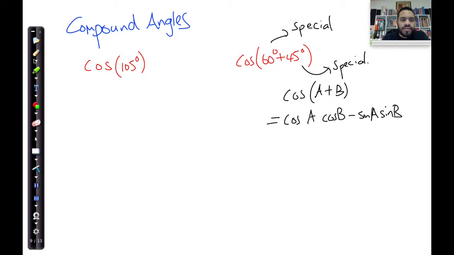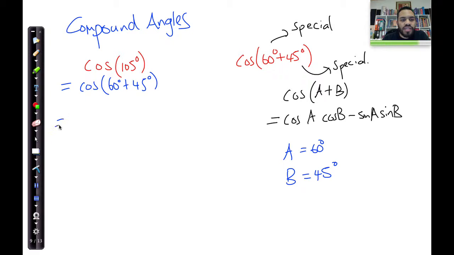Okay, so now let's use that identity and apply it to this. In this case, my A is going to be 60 degrees, and my B is going to be 45 degrees. That's going to be cos of 60 plus 45 degrees.